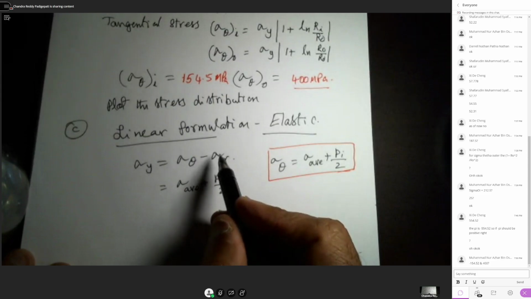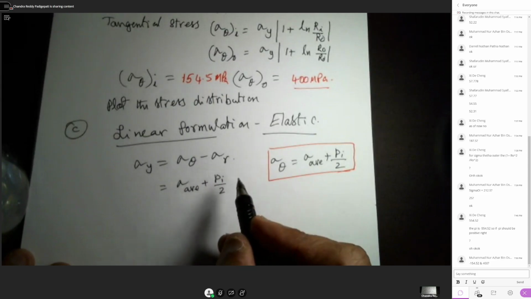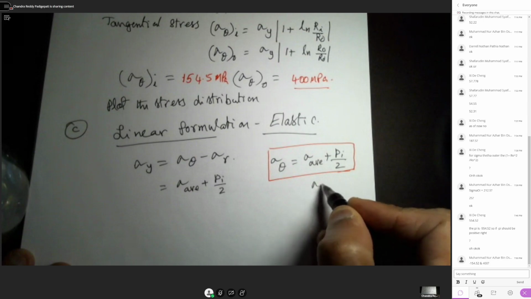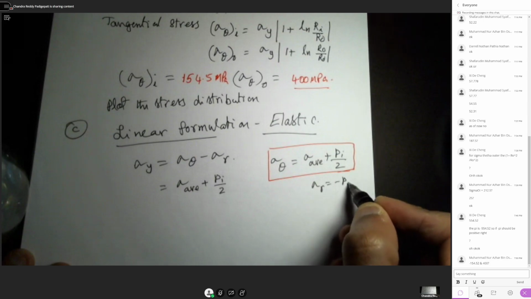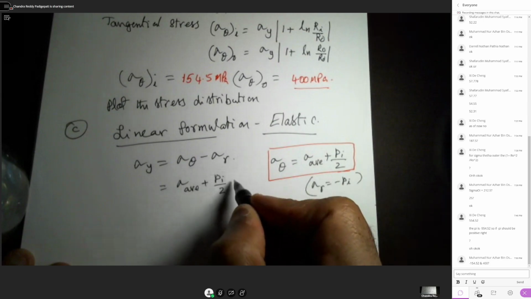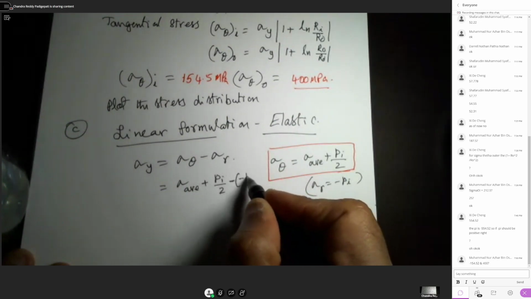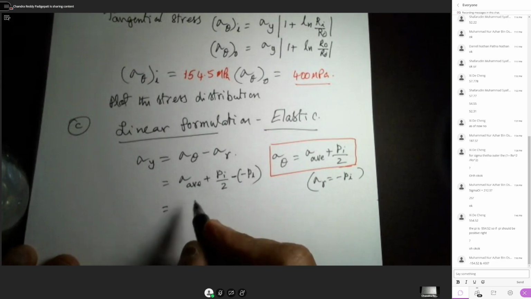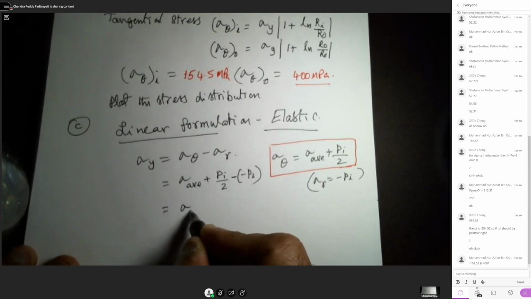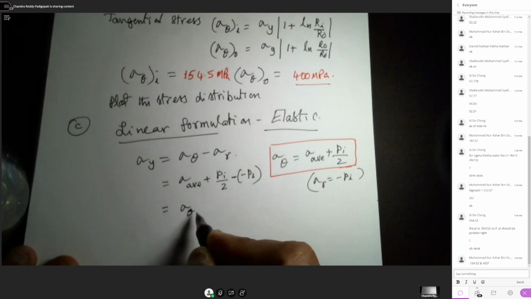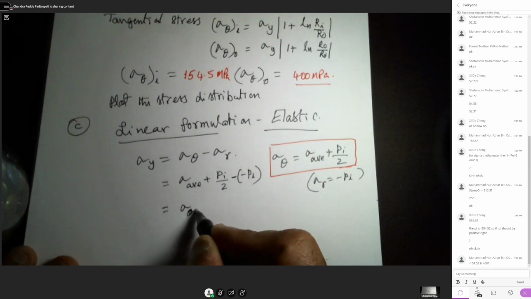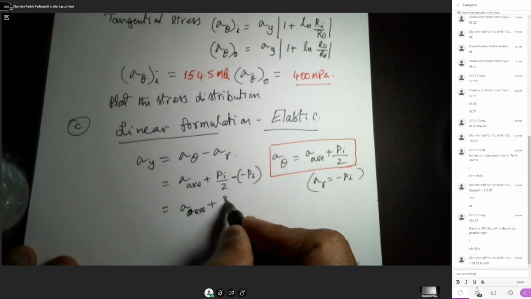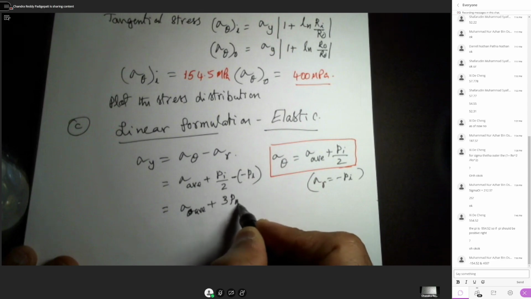So the radial stress is minus pi. So minus of minus pi, you will have plus pi. So we can write sigma theta average plus 3pi over 2.